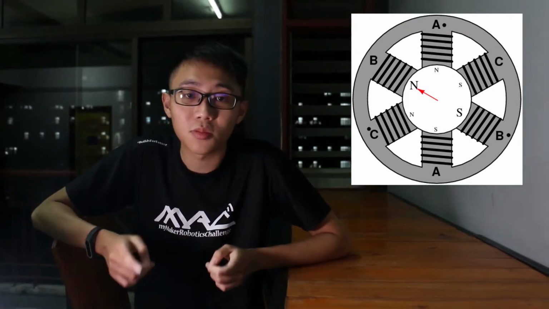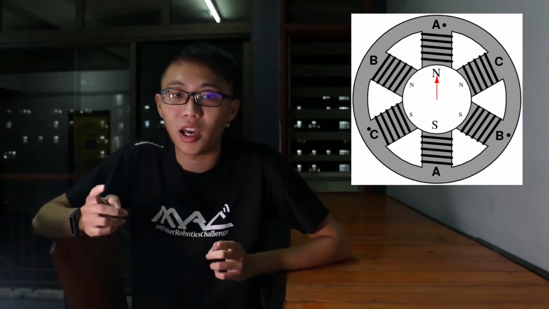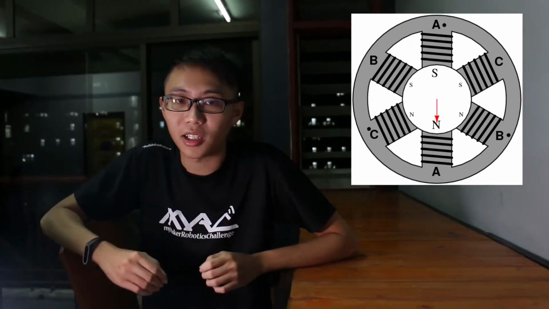In a real three-phase motor, we actually apply sine waves to all three windings simultaneously. The sine waves are all 60 degrees out of phase from each other, so that the north pole can transition smoothly from 1 to 2 and to 3 and so on. This structure is called a stator, which will produce a rotating magnetic field.